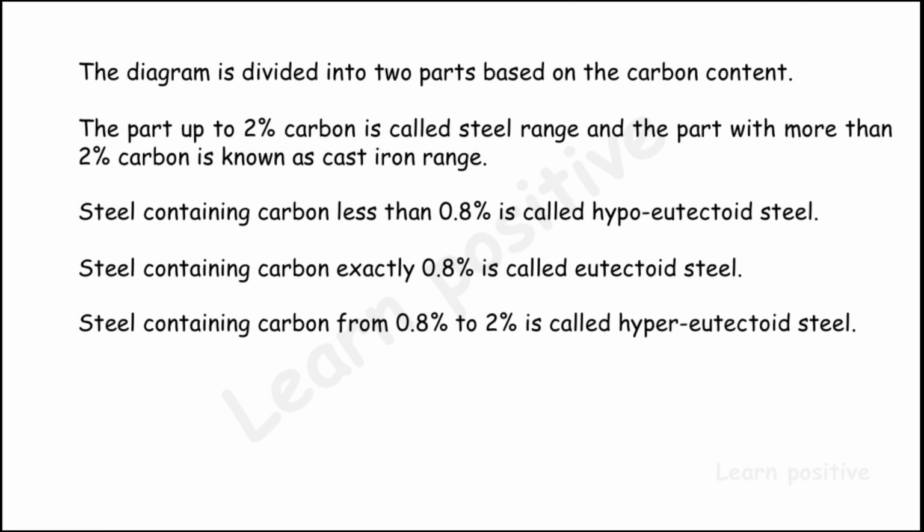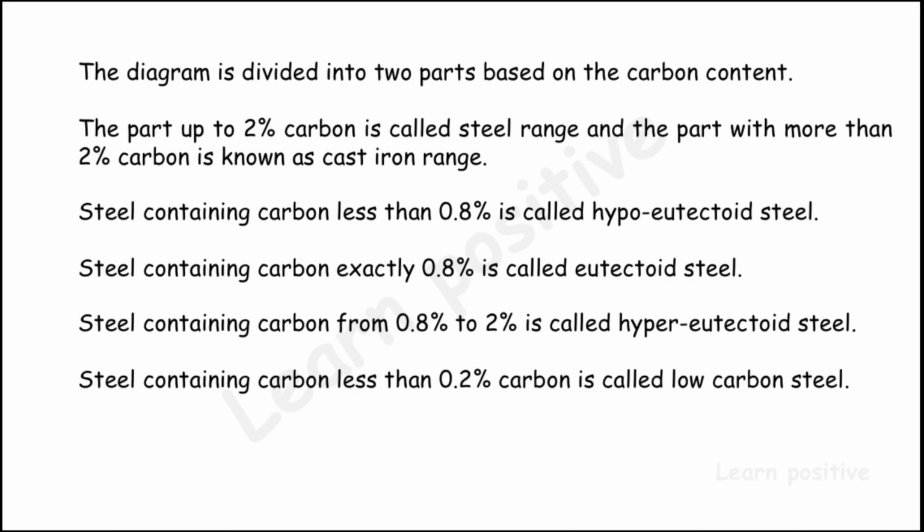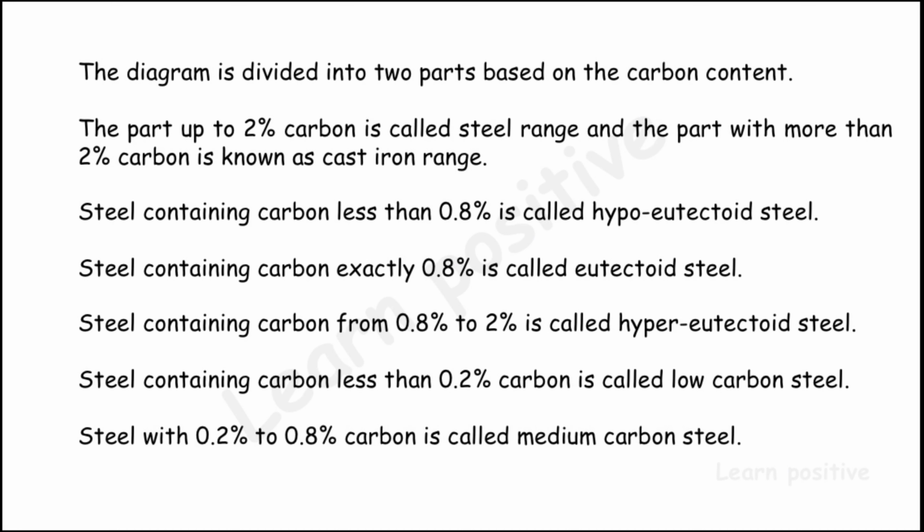In these three stages we have three types of metals. The first one is less than 0.2 percent carbon, which is said to be low carbon steel. The steel from 0.2 percent to 0.8 percent is hypoeutectoid and also eutectoid.